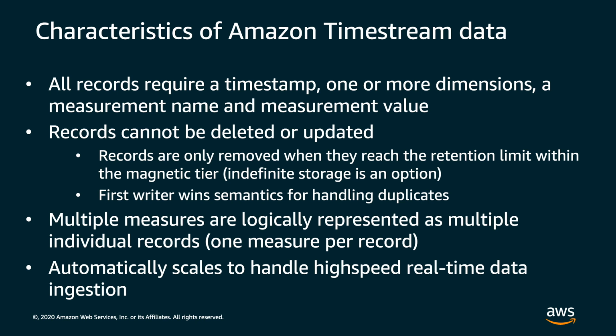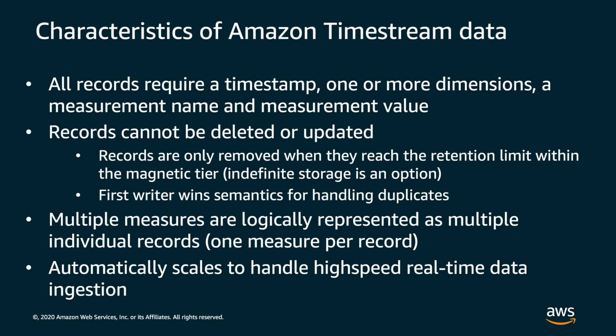The last thing worth calling out is that Timestream is designed for handling high-speed real-time data. So maybe you have your whole fleet of EC2 instances or containers or whatever it is that you're doing DevOps data on. Each of them can be sending data directly into Timestream in real time, and Timestream is capable of handling that.